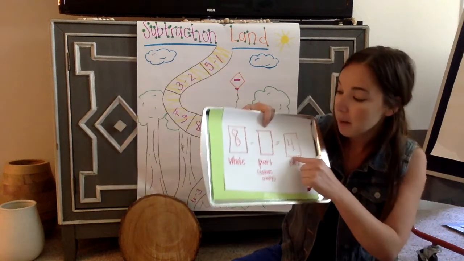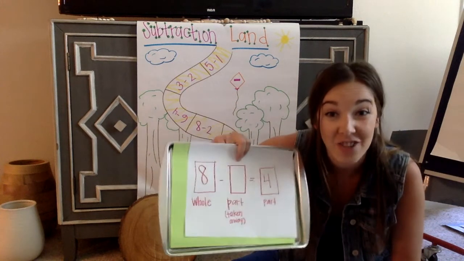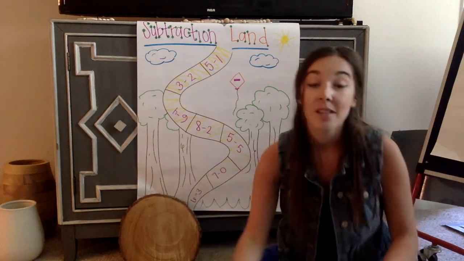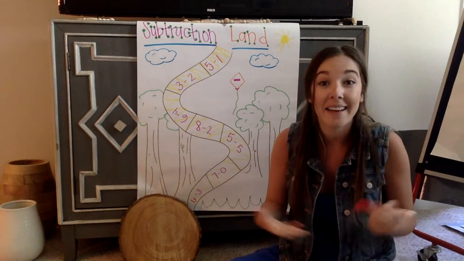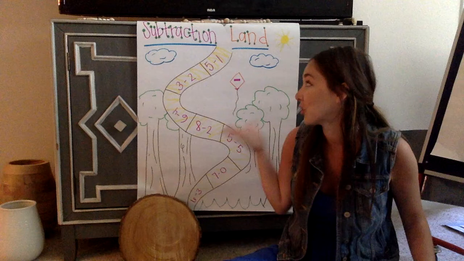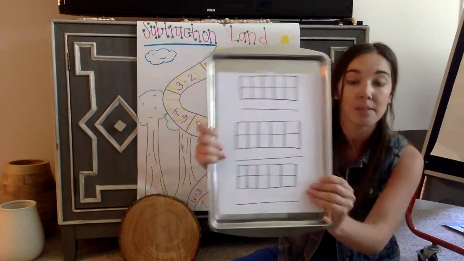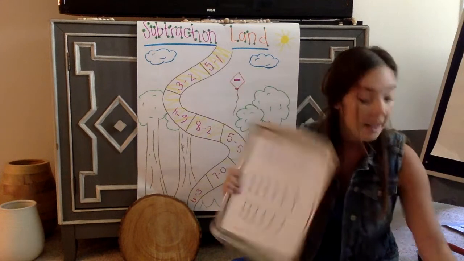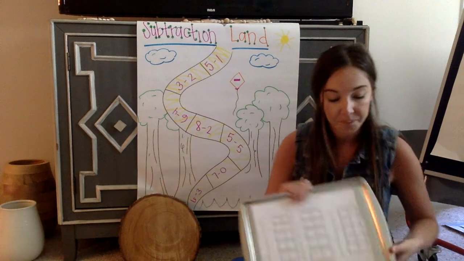And with this part, you have to figure out how many was actually taken away. To make this all make sense, we're going to play a game together in Subtraction Land. Again, the only thing you're going to need for this game is this paper with 3 10 frames and 2 colored markers or crayons.